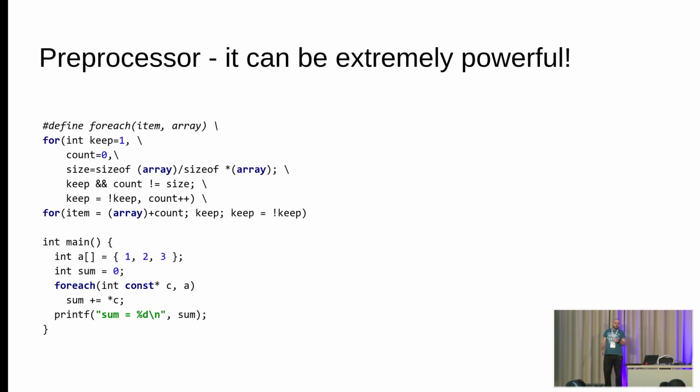The C Preprocessor is extremely powerful. C doesn't have a foreach loop, but it can be implemented with the help of the C Preprocessor. So this actually looks extremely cool, but on the other side, it lowers the clarity of the source code.